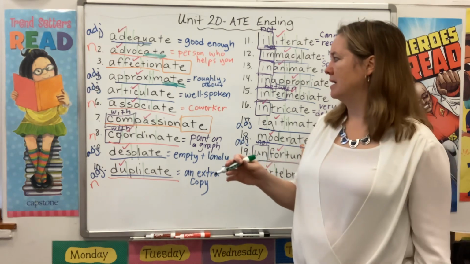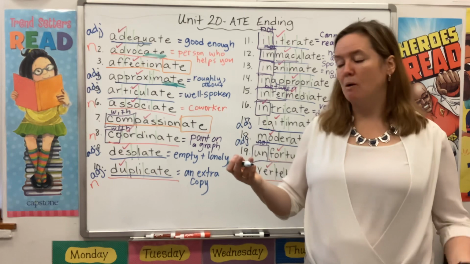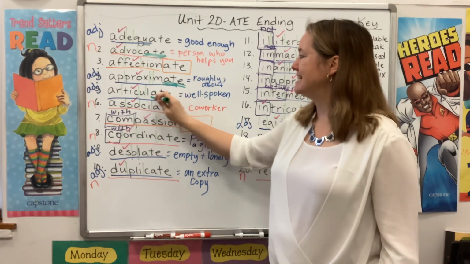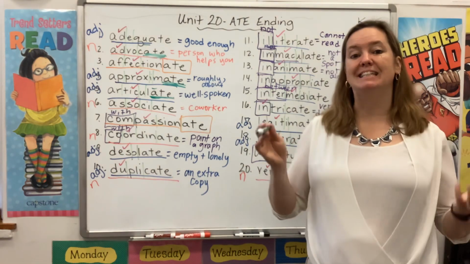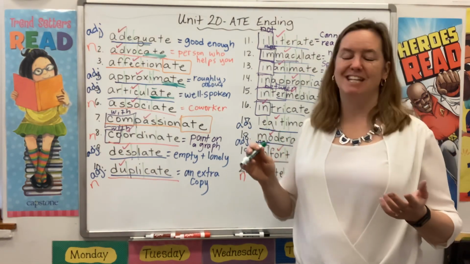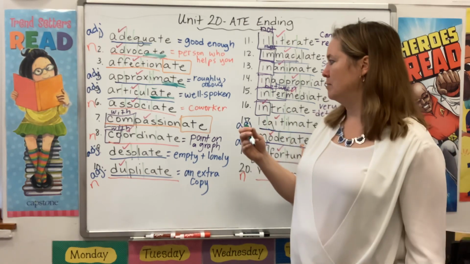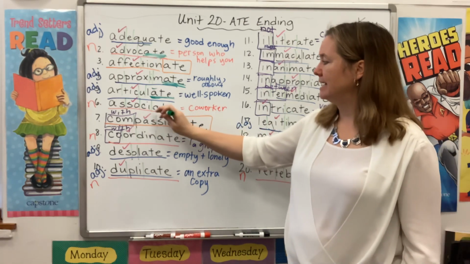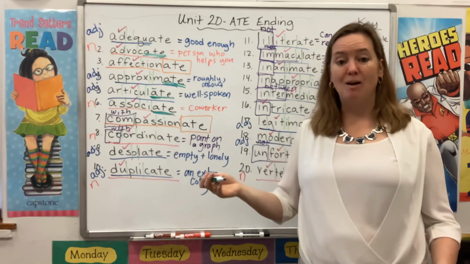You can approximate. If somebody's articulate, they are well spoken, they know how to articulate their words, how to speak clearly, right? So people can understand them. Right now I am trying to articulate each syllable. An associate is someone you associate with at work, right?